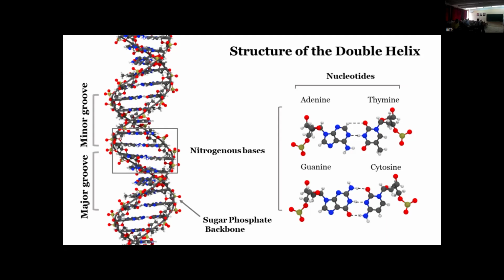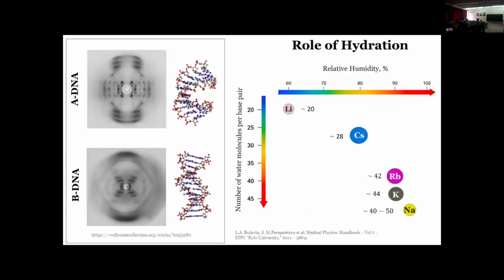However, DNA doesn't exist in isolation, and an important part of its structure is the surrounding environment, in particular its water molecules and ions, which are key factors in maintaining the stability of the double helix. And the importance of hydration became evident starting from the very first X-ray diffraction studies of Rosalind Franklin and Raymond Gosling.